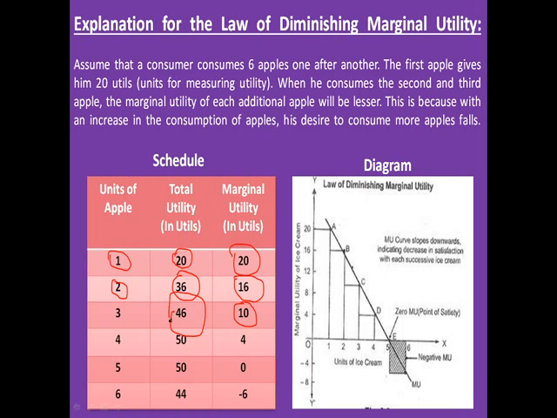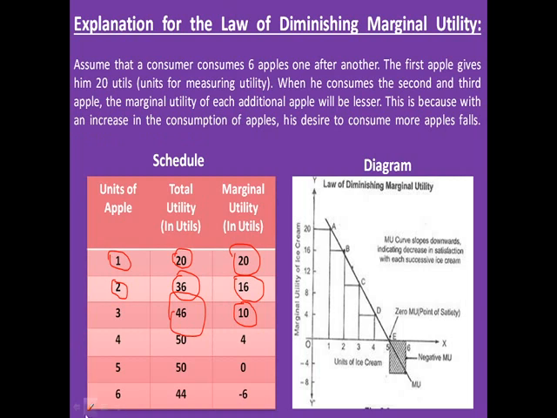When the units of consumption reach the fifth unit, the total utility becomes 50 and the marginal utility reaches the saturation level, that is, it is now 0.